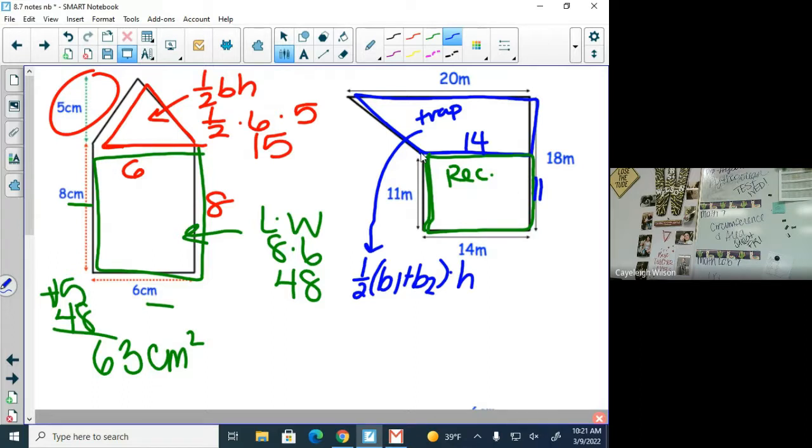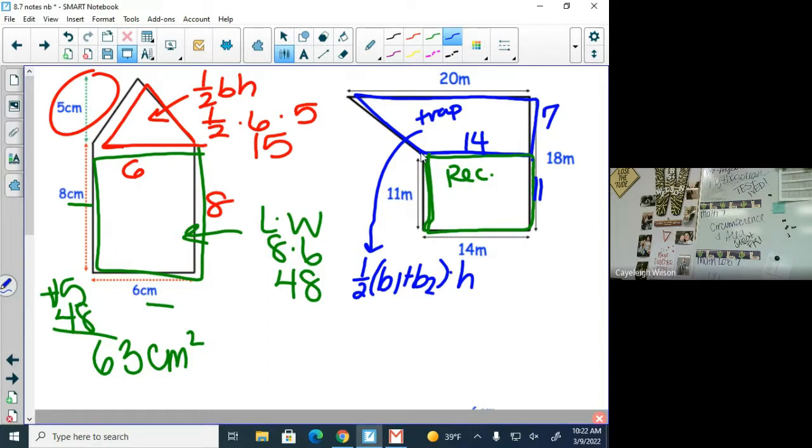Okay, so listen to what he said again. From here to here is 18. It tells me the whole thing is 18. I just knew that this was 11 because of the rectangle. So this piece is 18 minus 11, which is 7, is where that came from.